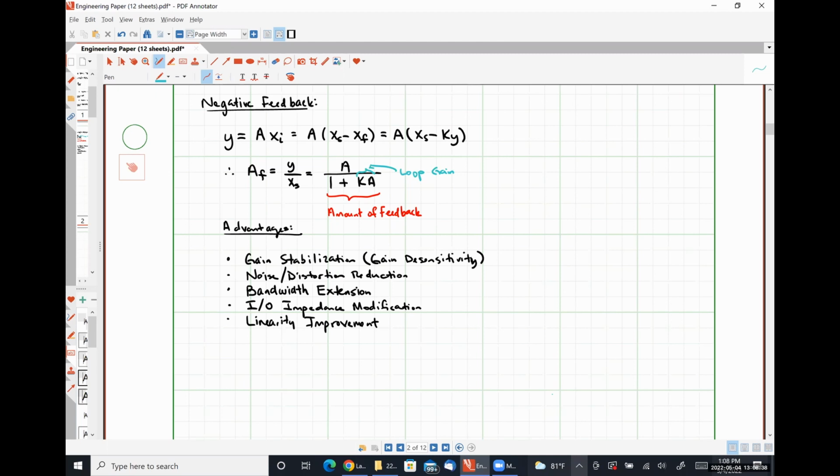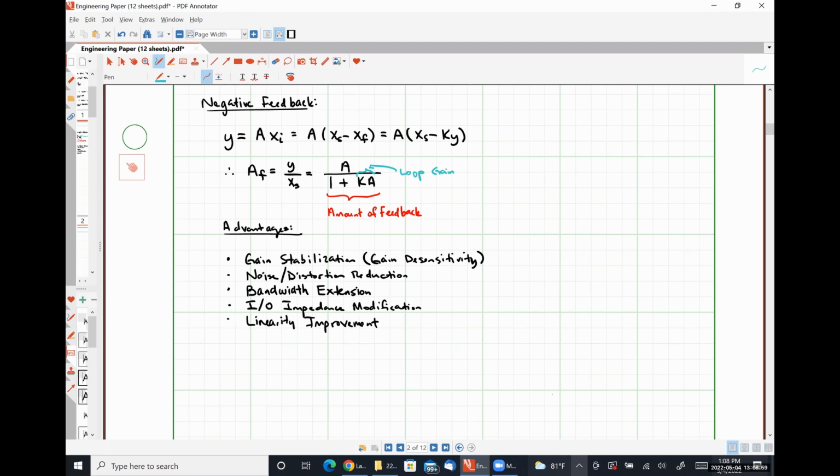When K times A is negative, we have a positive feedback system. That seems intuitively backwards, but it's because it's in the denominator that it works out, right? So when Ka is positive, the gain goes down. When Ka is negative, the system gain goes up. All right.